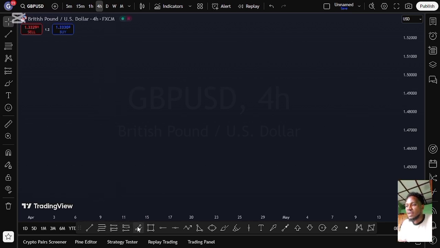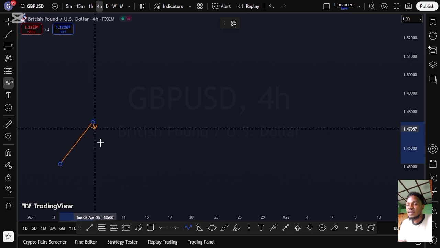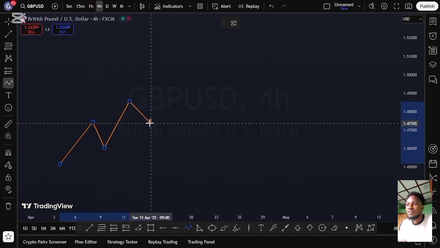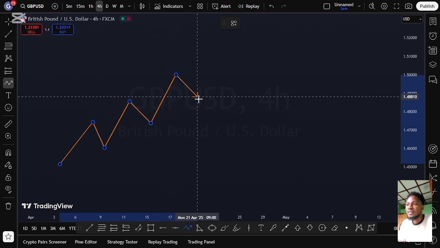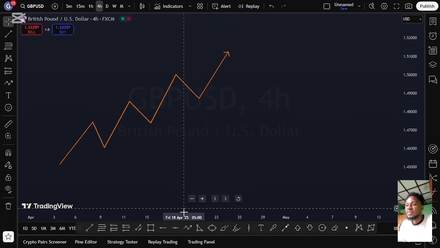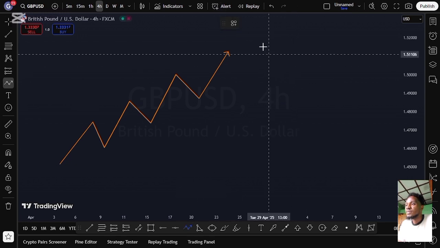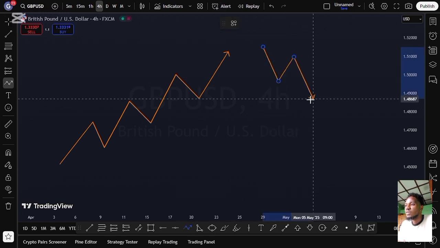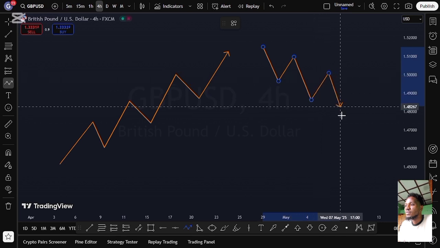So when we have a market that is creating higher highs, higher lows, higher high, higher low, higher high, this is a bullish market. And then we have a bearish one creating lower low, lower high, lower low, lower high, lower low.